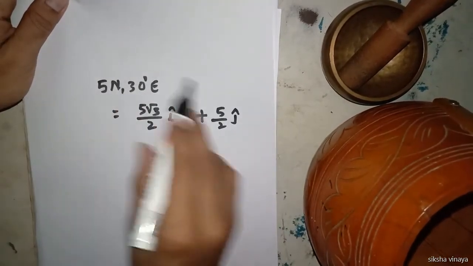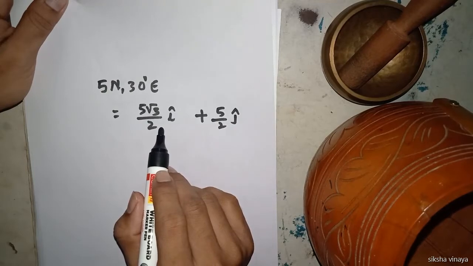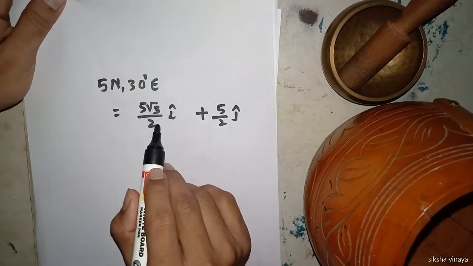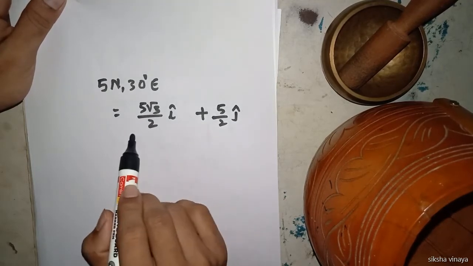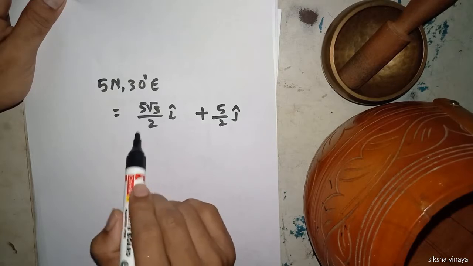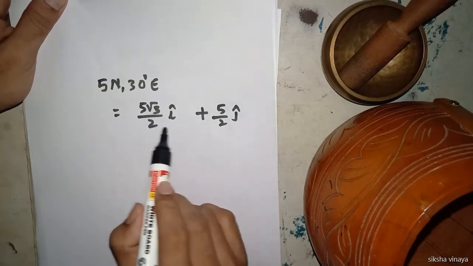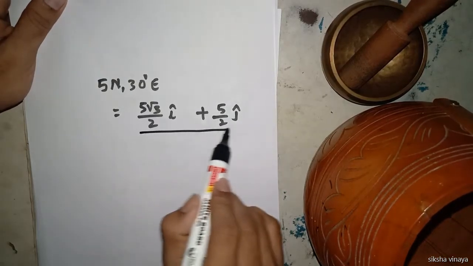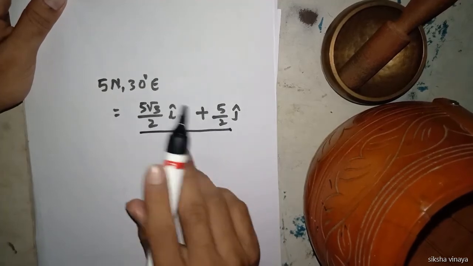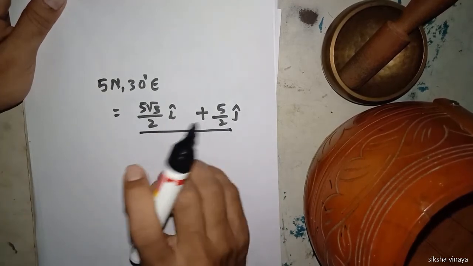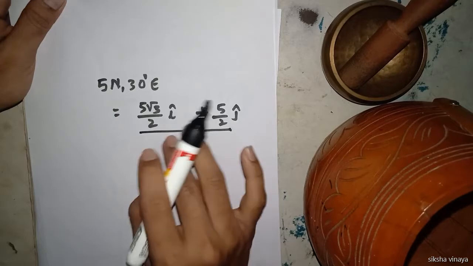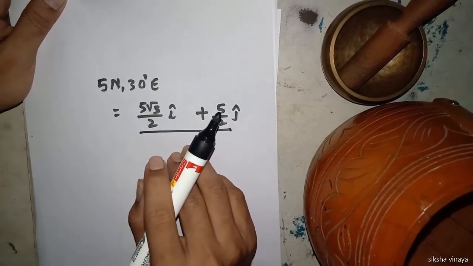This is another way of representing a vector. We will deal with it in your 11th and 12th class. It is very easy to handle vectors with this type of method.